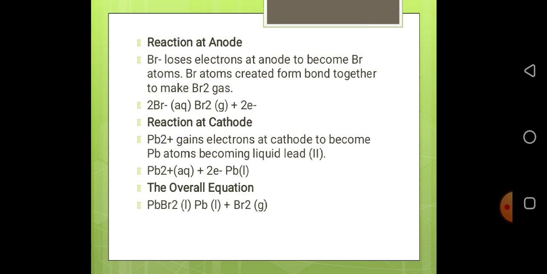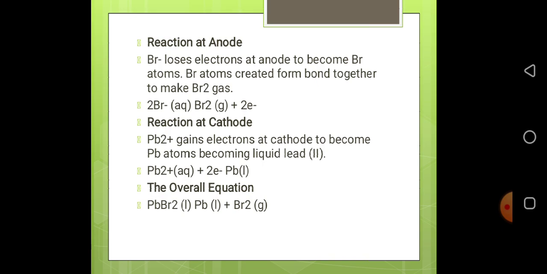So, the reaction at the anode: bromide ions, which are negatively charged, lose electrons to the anode to become bromine atoms. The bromine atoms created bond together to make bromine molecule gas.